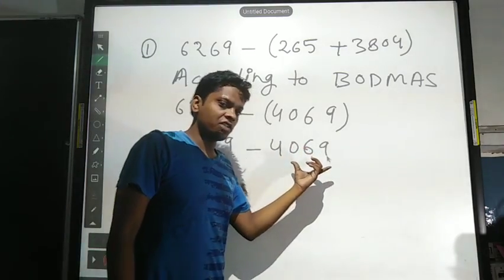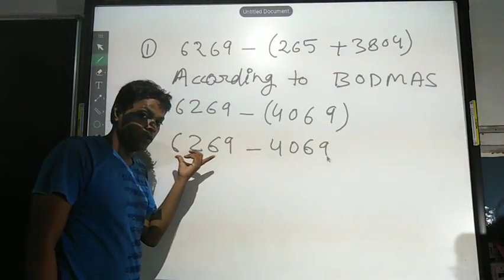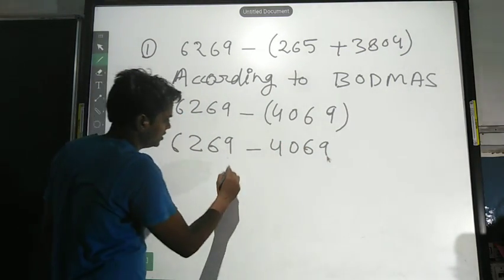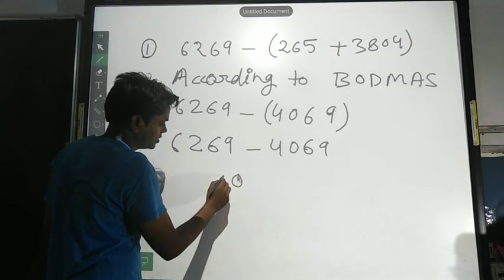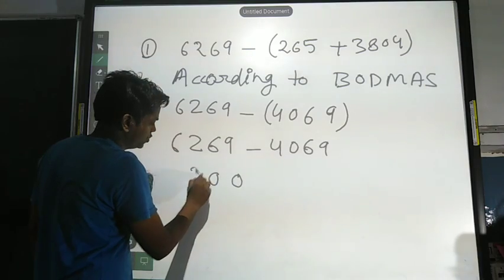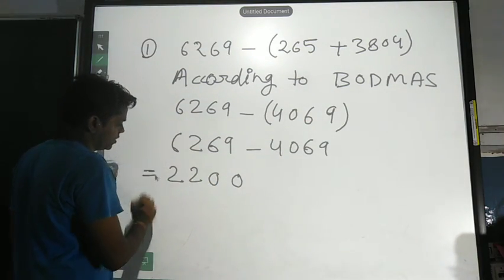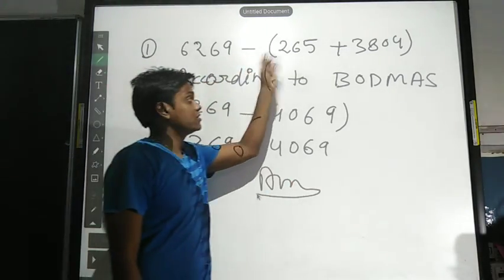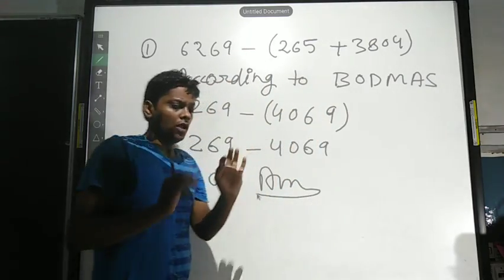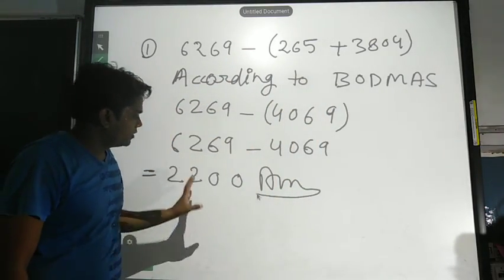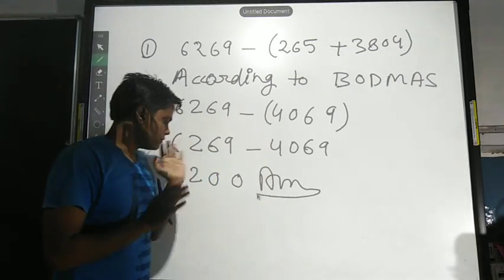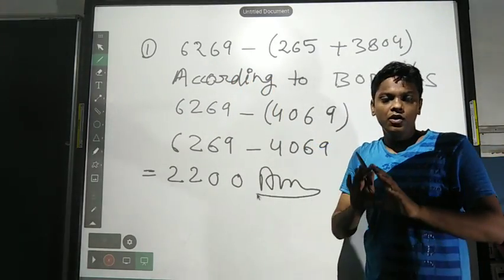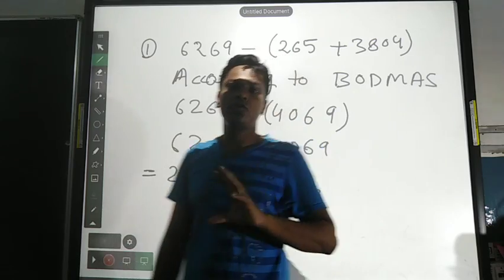The right hand side is always subtracted from the left hand side. So now we get 2200. So this is your answer. According to BODMAS, we will solve this question like this. If you forget the order, then you will not get the right conclusion of a question.